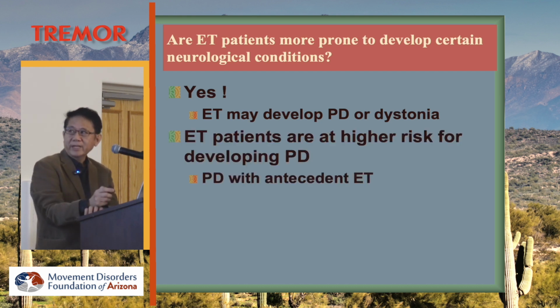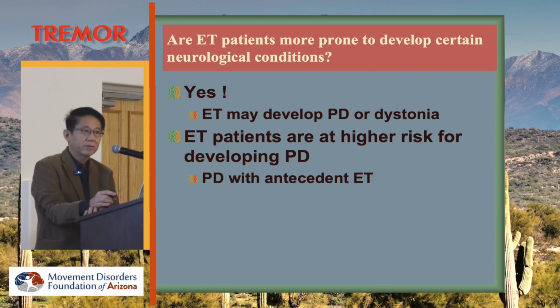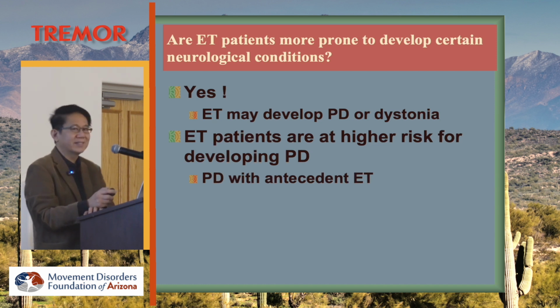So we call that Parkinson's disease with antecedent ET. And this is most commonly noted in patients with a long-standing history of essential tremor. They have decades and decades of tremor, maybe sometimes as early as their teenage years or childhood years. And I see them when they're in their 60s and 70s. They've been diagnosed as ET all this time. And then I appreciate some Parkinsonism, and I say, okay, you now have a double whammy, which is Parkinson's with ET.